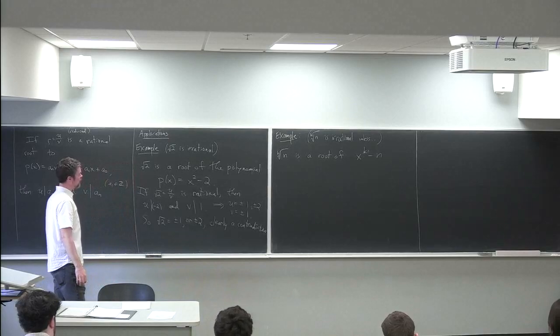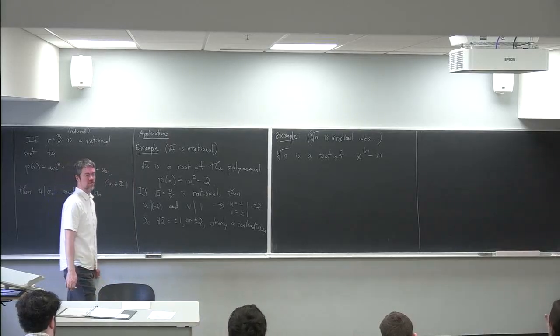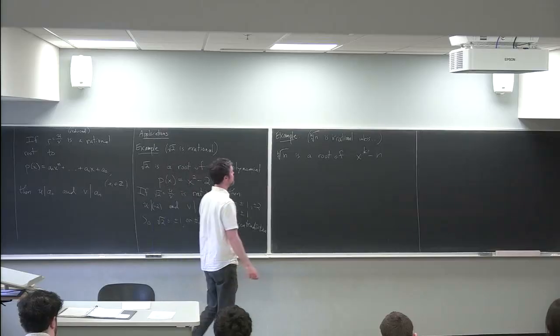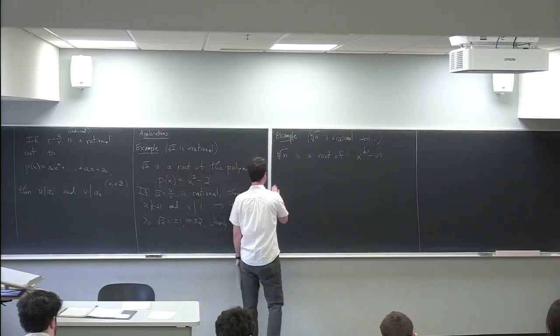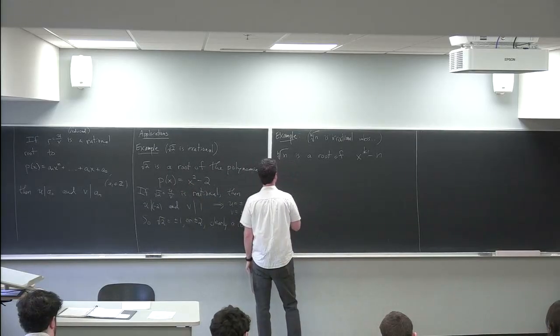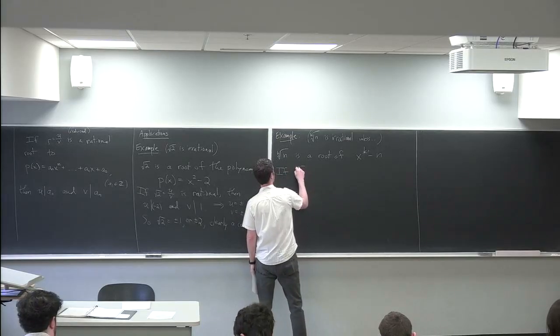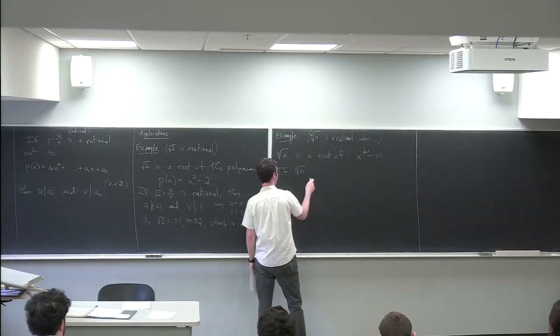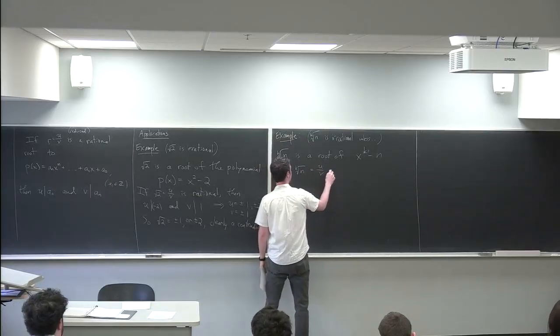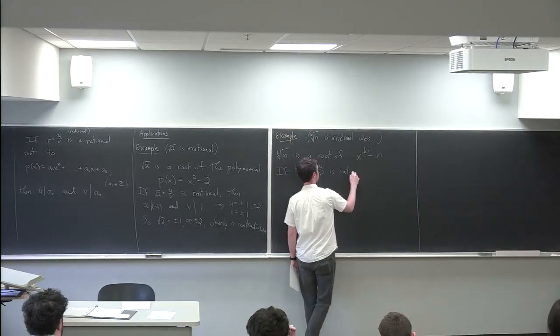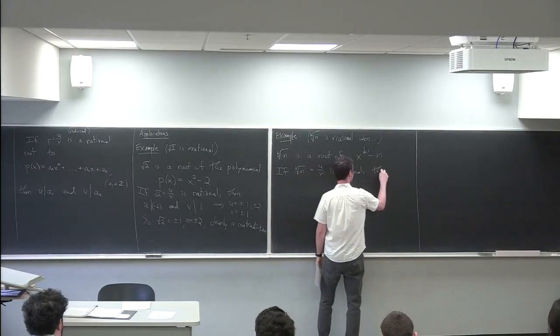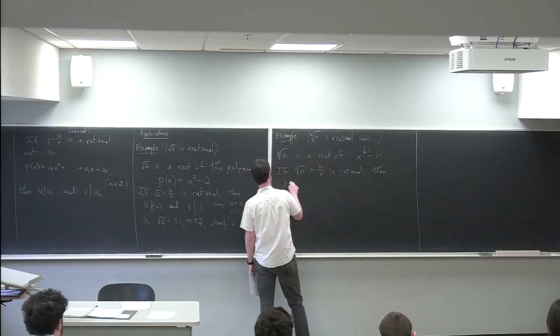And notably here, v would be a divisor of 1, as it was before. So what happens here is that if the kth root of n equals u over v is rational, then in fact what must be true is that it must be an integer.